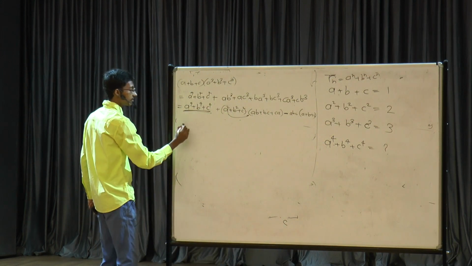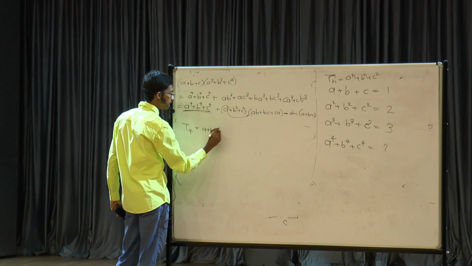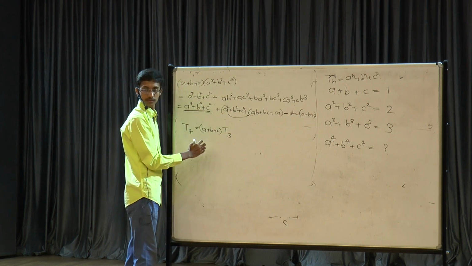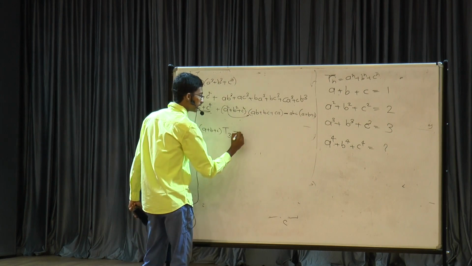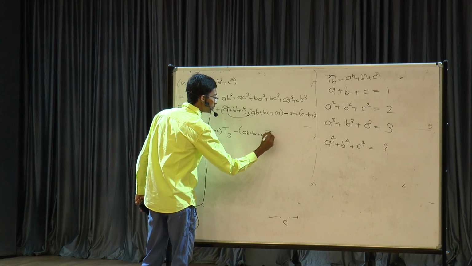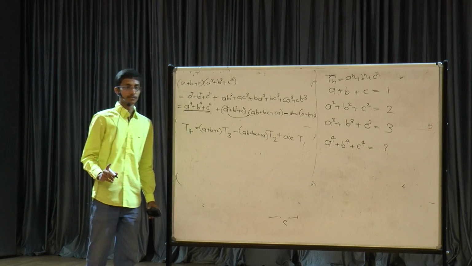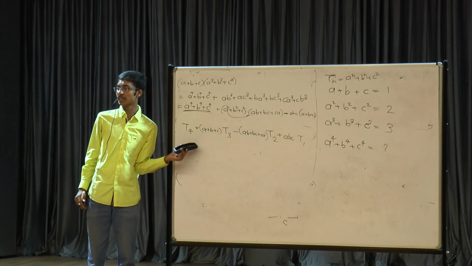What this means is T4 is a plus b plus c T3 minus ab plus bc plus ca T2 plus abc T1. Is this relation clear to everyone?